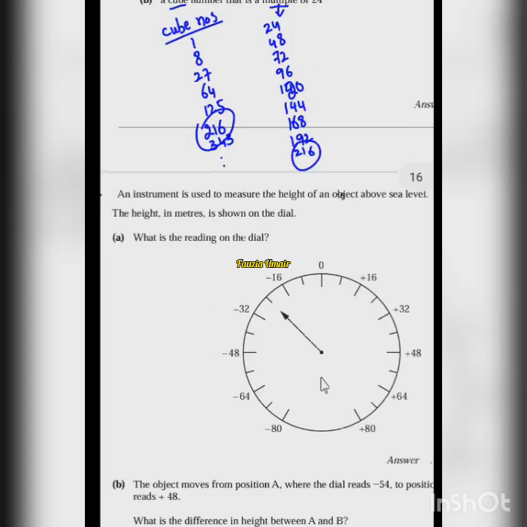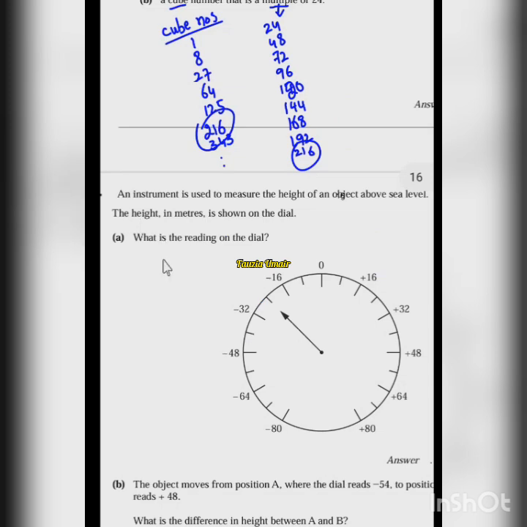So this is an instrument which is measuring the height of the object. और आपको ये पता है कि जो height होती है वो हम किस से measure करते हैं? sea level से measure करते हैं. For example, हमने किसी mountain की height बतानी है तो उसको किस चीज से start किया जाता है? sea level से start किया जाता है, not below that. ठीक है? So that is a standard, the standard of measuring heights of objects.